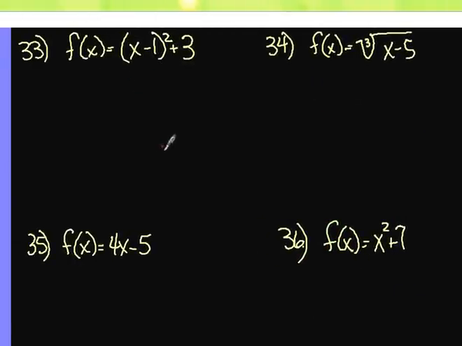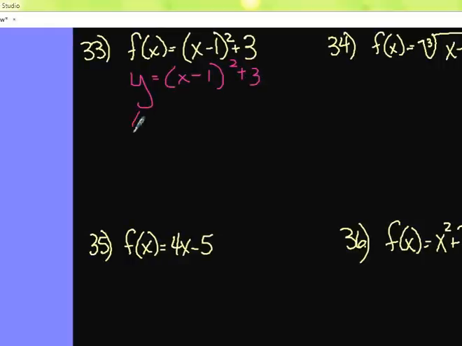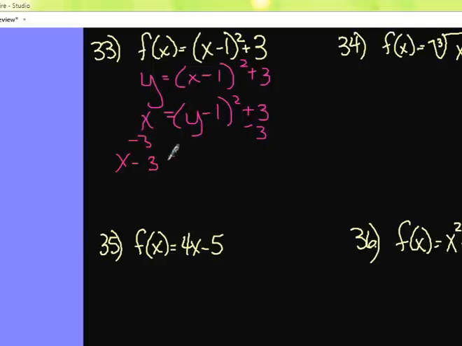Okay, these last few questions require us to do some inverses. And with inverses, we're going to start by rewriting this, taking out the f of x and putting in y, and then switching. And now what I can do is subtract 3, reversing the order of operations here.